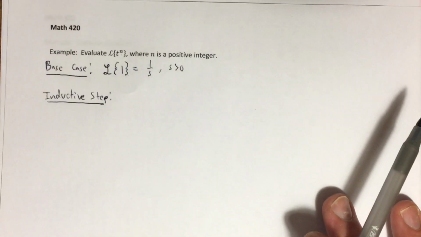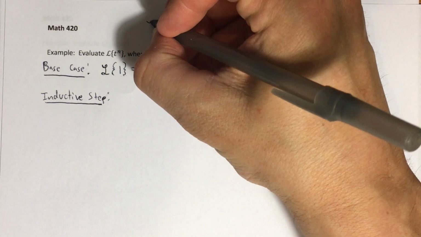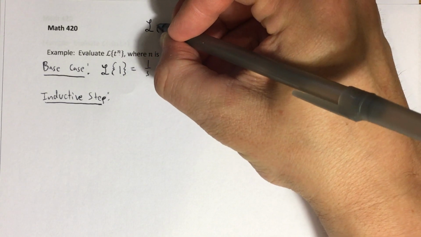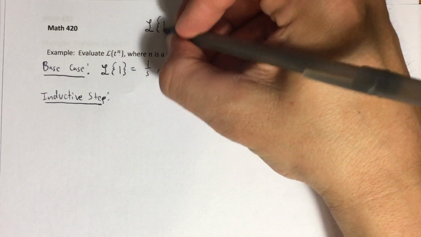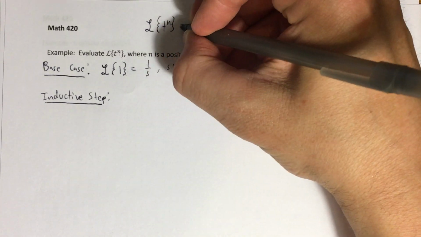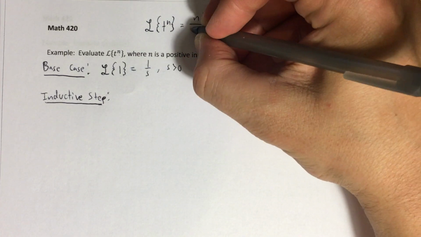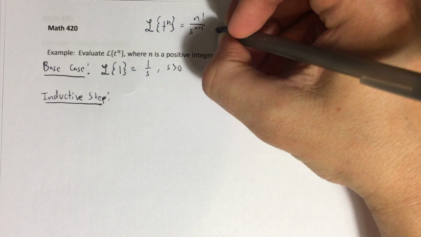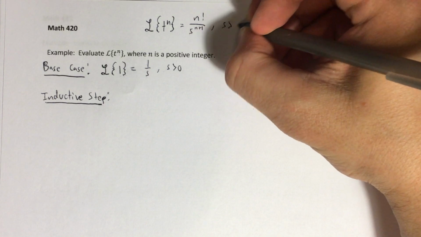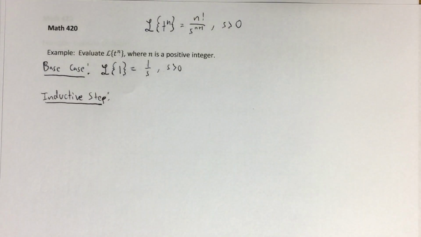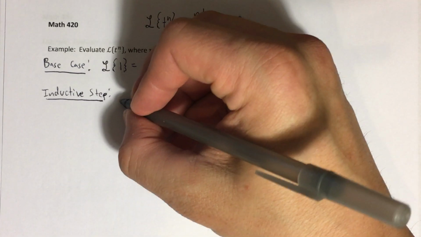But what I'm going to do is write that result off to the side or up above here. Here's what we want to be true: n factorial over s to the n plus 1, where s is greater than 0. And so we're going to assume that.